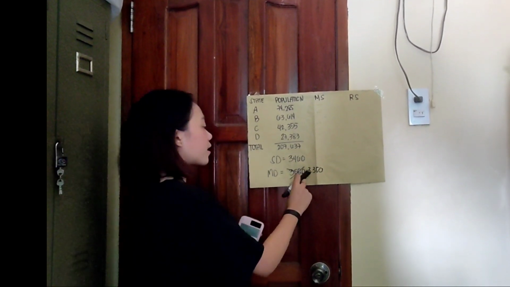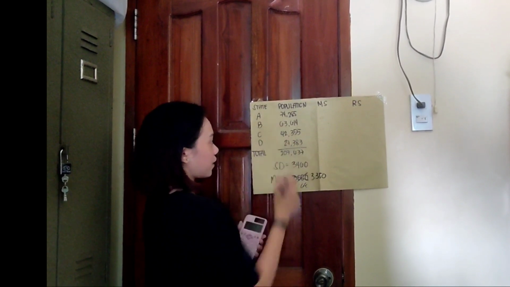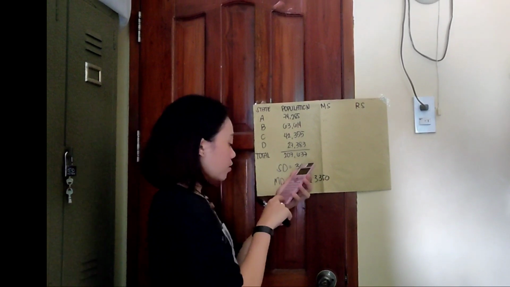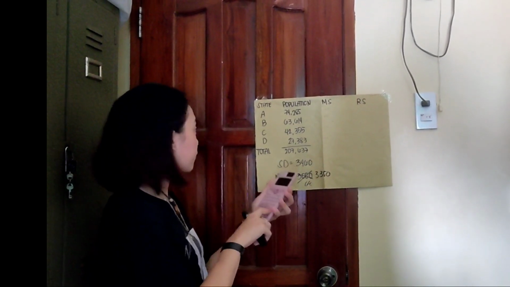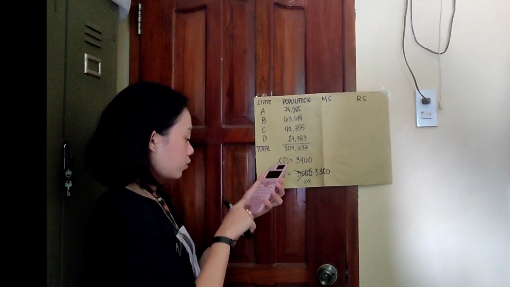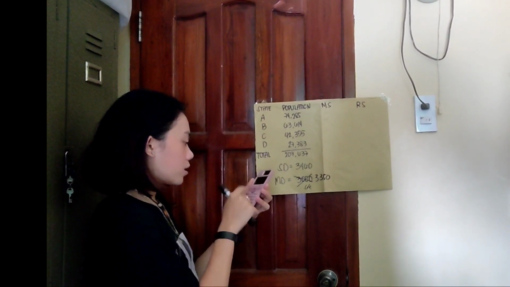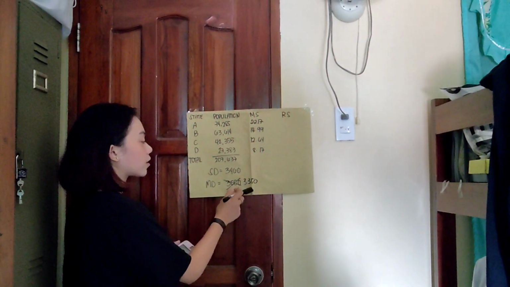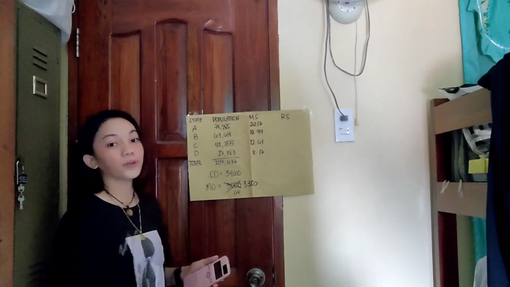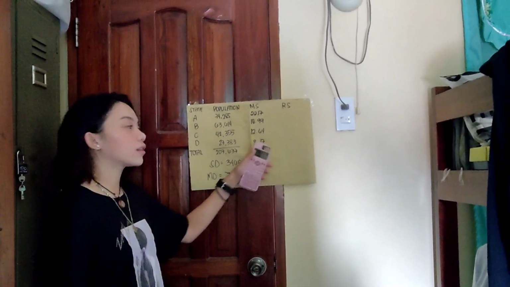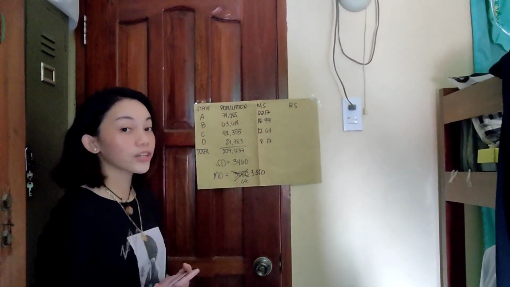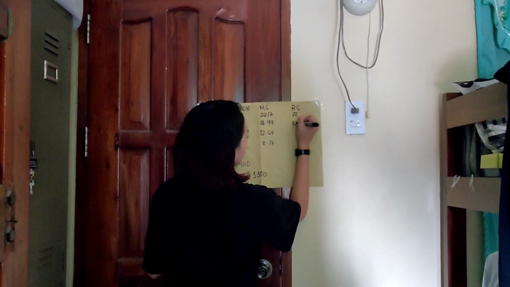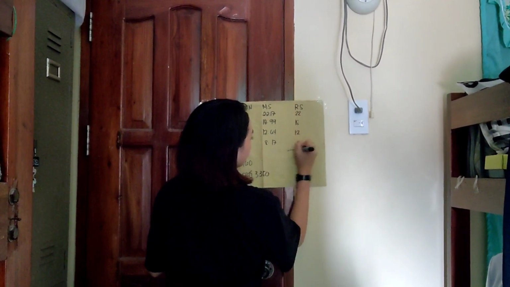So 3,350 divided by 74,285 equals 22.17, and so on for 3,350 divided by our population. This is all the result. To get our rounded share, as always, you just copy 22, 18, 12, and 8.